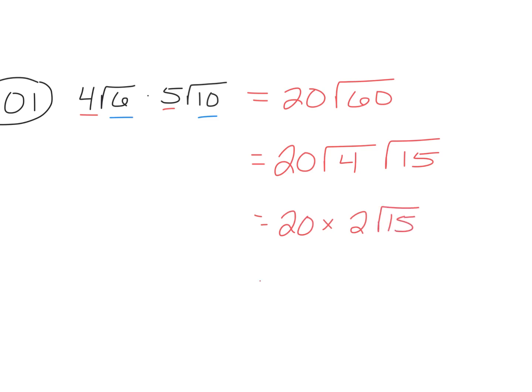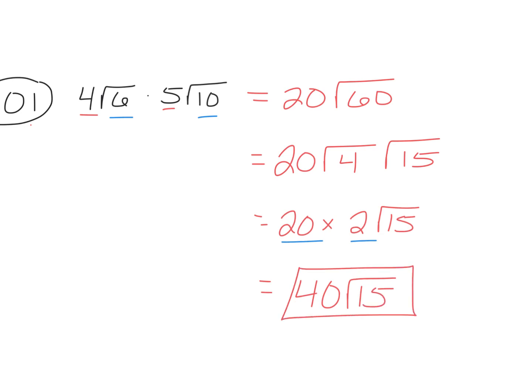And then how do I write my final answer? You gotta simplify that. What's my final answer? 40 square root of 15. Yep. Multiply your whole numbers together. So we get 40 square root of 15. And then how do you know you're done when you get to this point? Yep, you can't simplify that square root of 15 anymore.